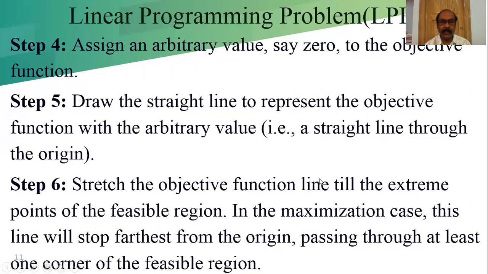For maximizing, when it touches the far away corner points, that gives us the maximum value of the objective function. The line we are drawing with respect to the objective function is known as the isoprofit line. I will explain that with the help of an example.